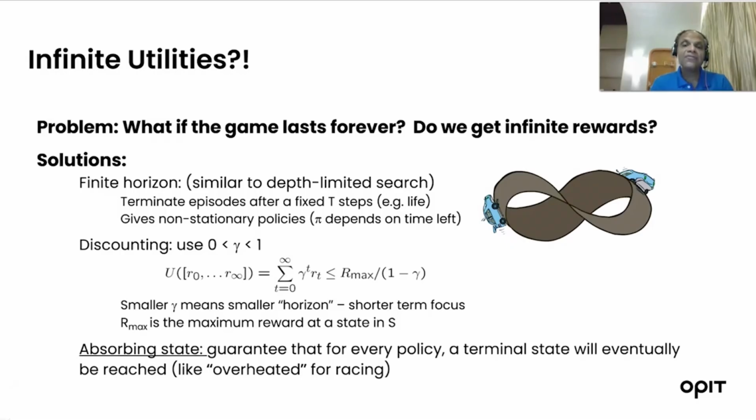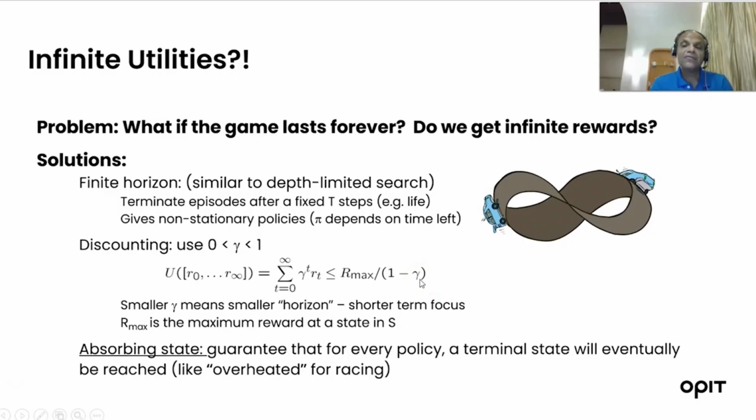If we go to infinity, what happens? Well, the reward keeps getting smaller and smaller, and ultimately it converges to R max, the maximum reward, the first step reward, over 1 minus gamma, where gamma is the discount factor.